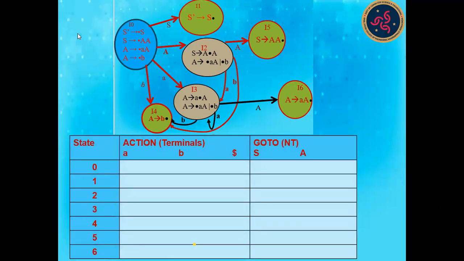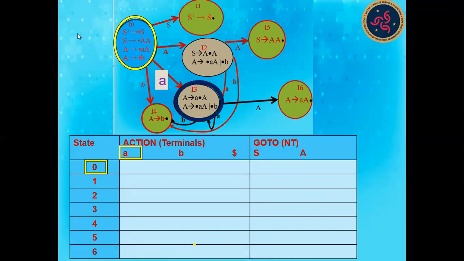At the state I0, when A comes, what is the action that has to be done? When a symbol A comes at the state I0, the state is changed from I0 to I3.